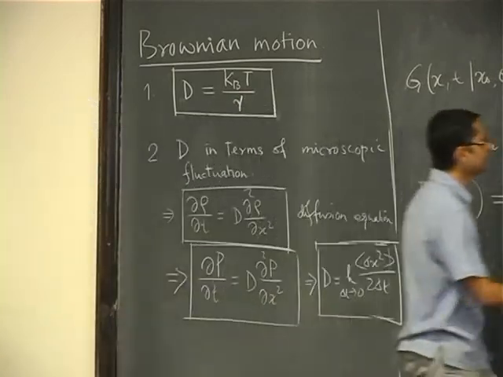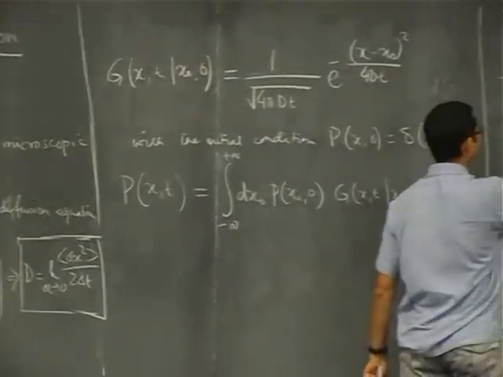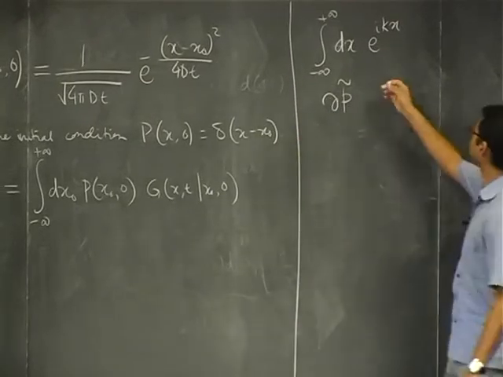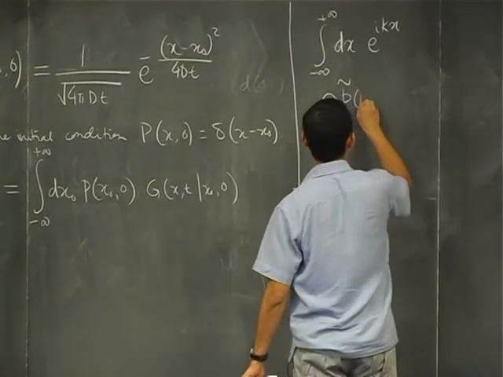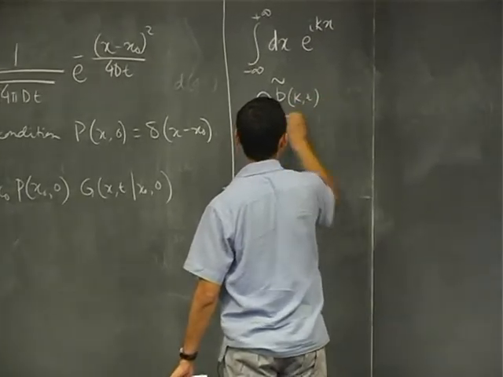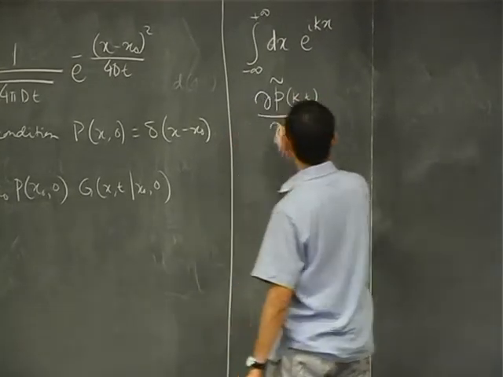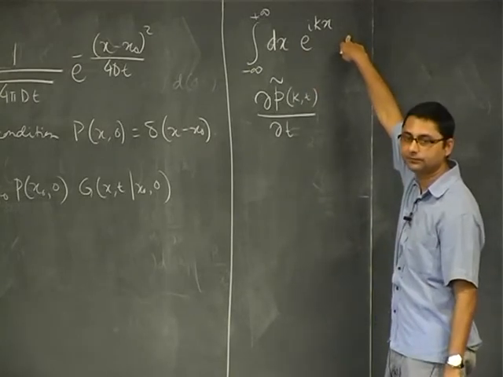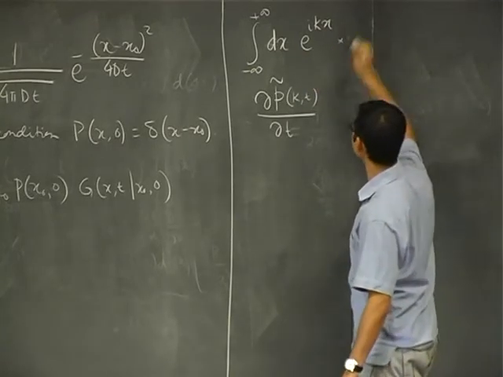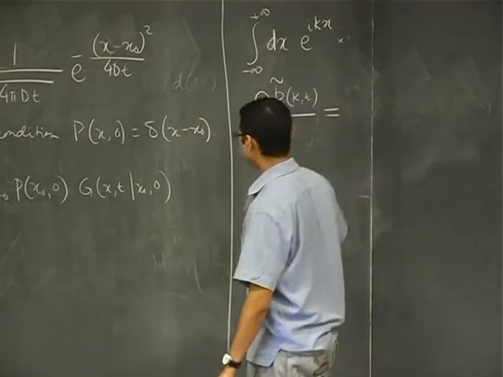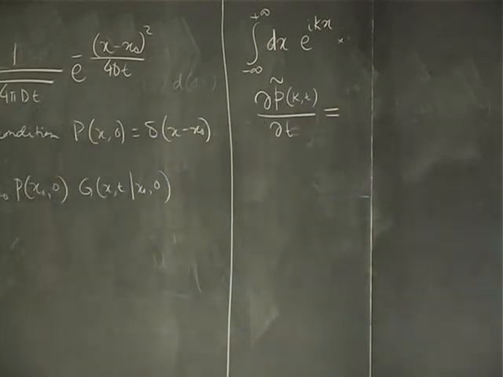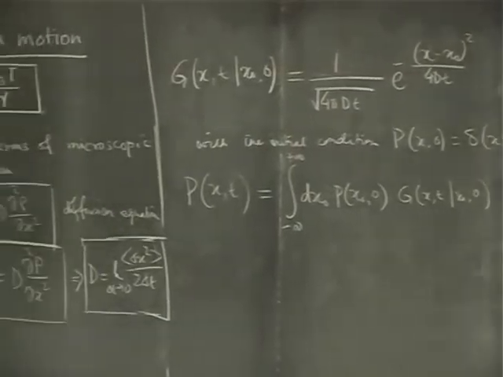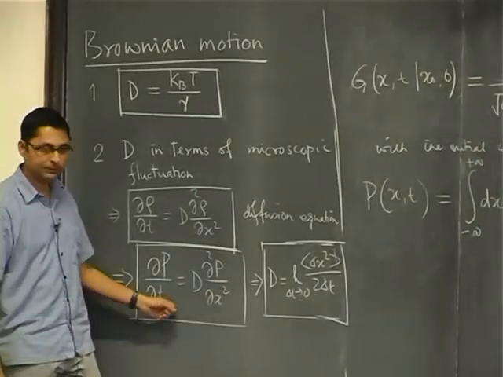Then the left hand side becomes the derivative of p tilde of k and t with respect to t. So this p tilde is basically the integral of e power ikx into p of x, t, right. What about the right hand side? It has two derivatives with respect to x, and there is an integral with respect to x.